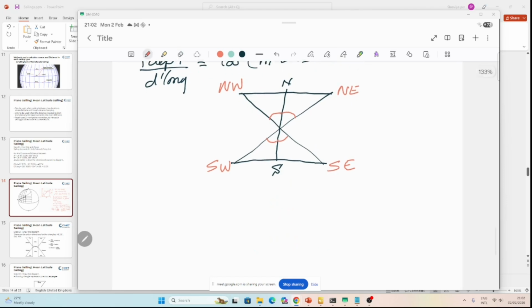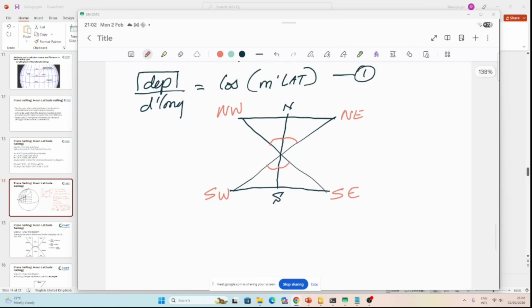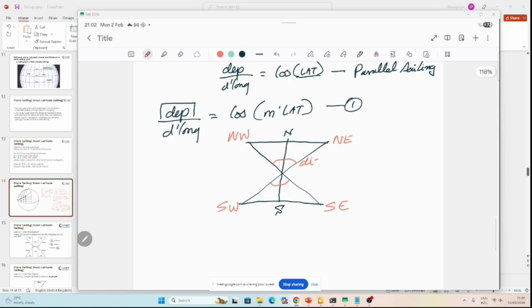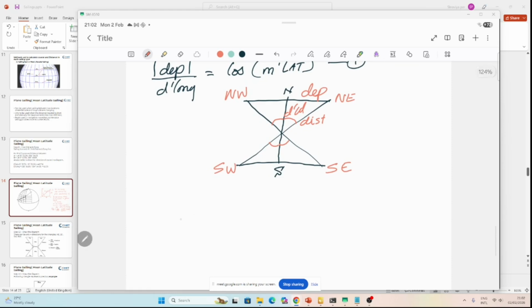Right. Now, when you do this, you can see this is distance, this is departure, and this is delat. Let's say your vessel is moving from A to B here. So you can see you are moving towards northwest.